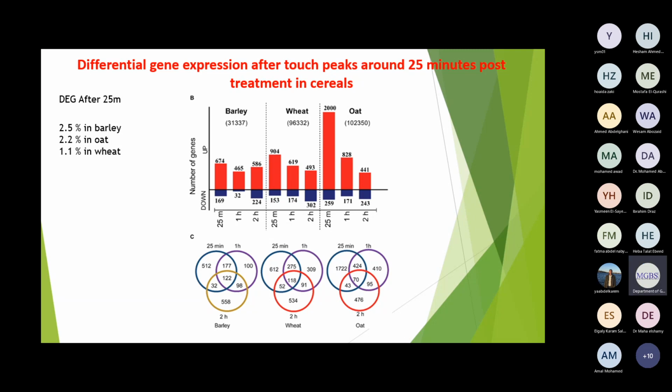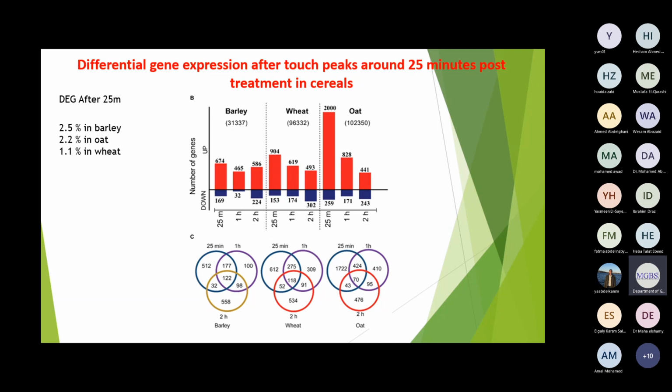Yeah, so it's a good question. When we started to make this overlap, we made it by ortho group. So we used ortho groups to overlap between these three species, not only the genes but the ortho groups of these genes. So it means the overlap is of ortho groups, not of genes.